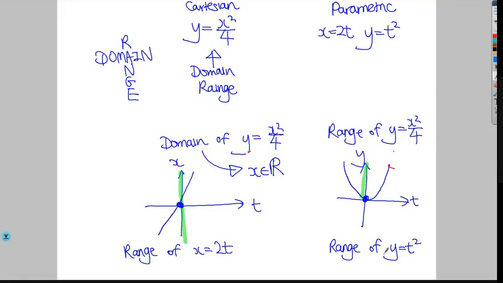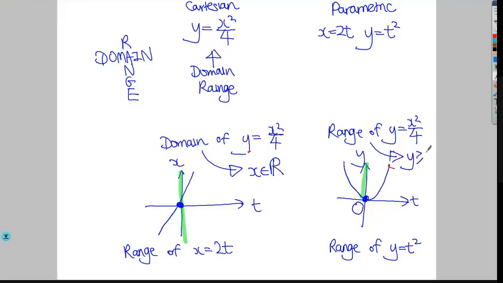Whereas for the range, we'll draw y equals t squared on the y against t axis, and from that perspective it's just a parabola. If I look at the range of this function, y against t, then it's defined from 0, which is the minimum point, all the way up.